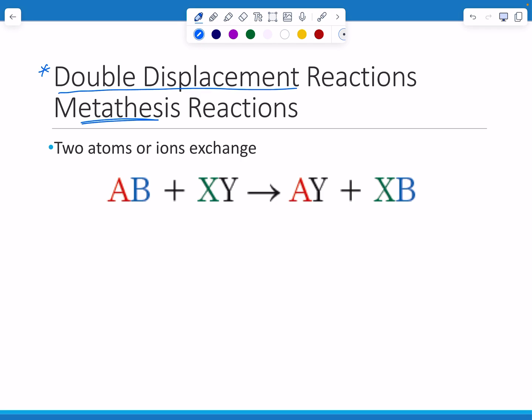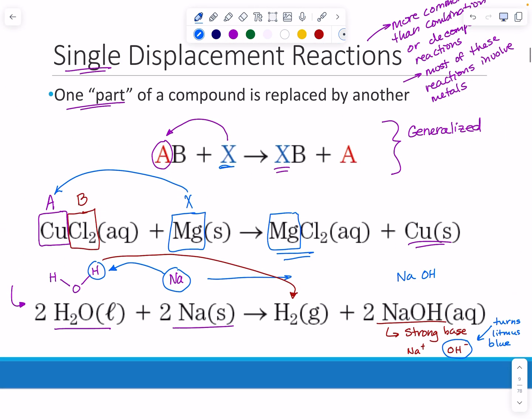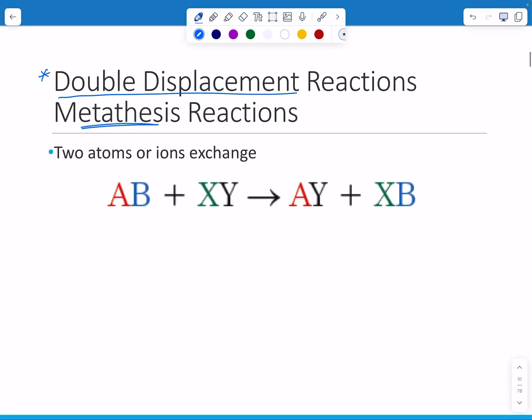And what that means is instead of having a single element alone all by itself swapping for an element in another compound, you have two binary compounds that have two elements or an element and a polyatomic ion, and it's more like in square dancing when you have two pairs and they swap partners.